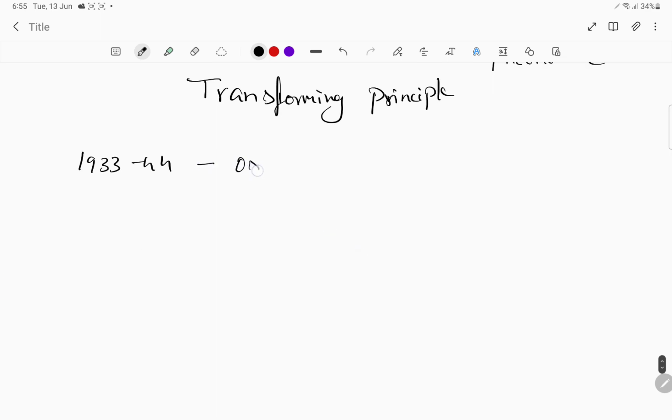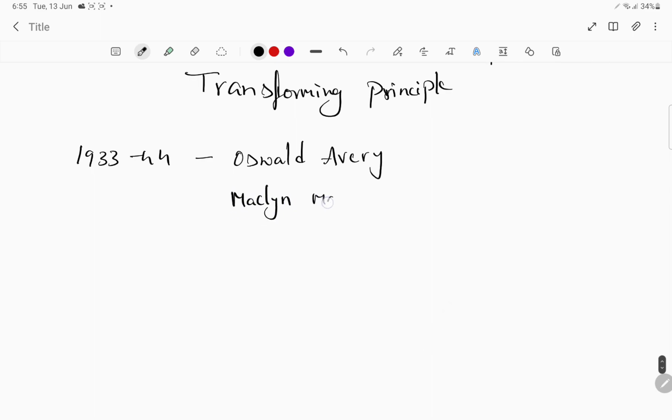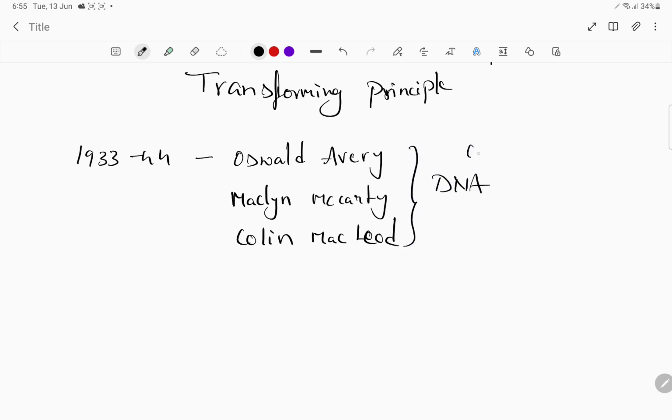The scientists' names were Oswald Avery, McCarty and Colin MacLeod. These three concluded that DNA is the hereditary material.